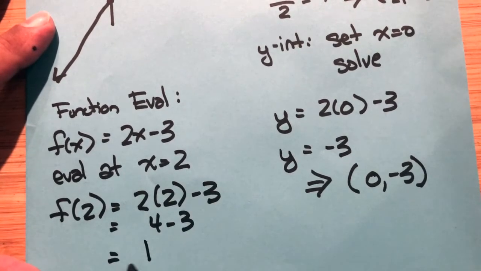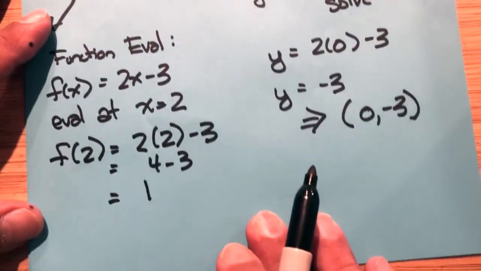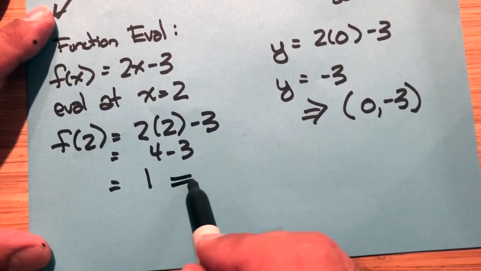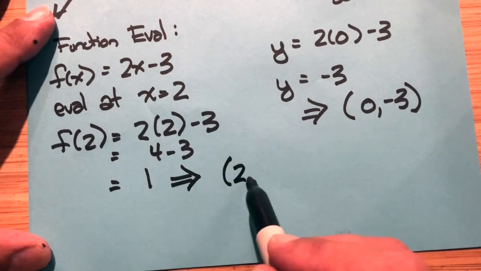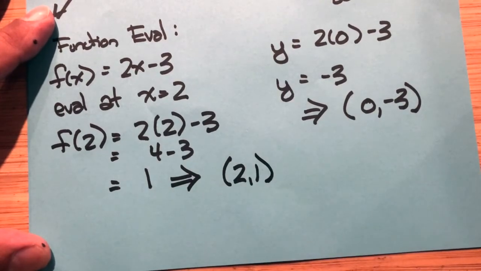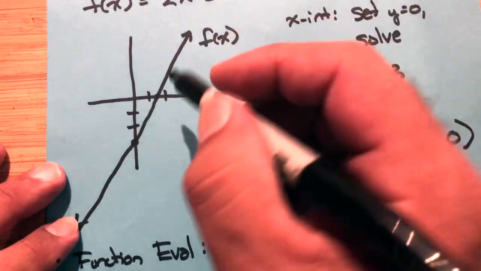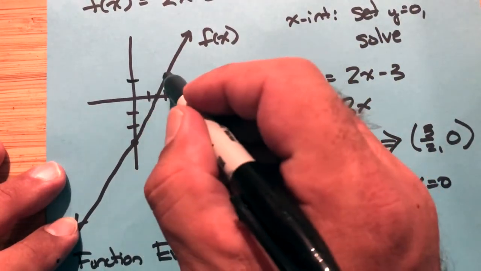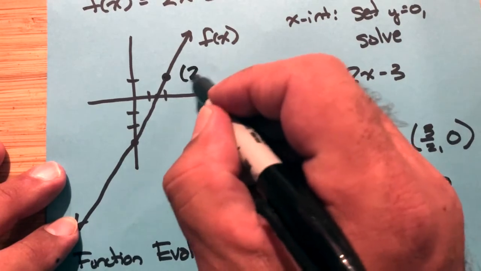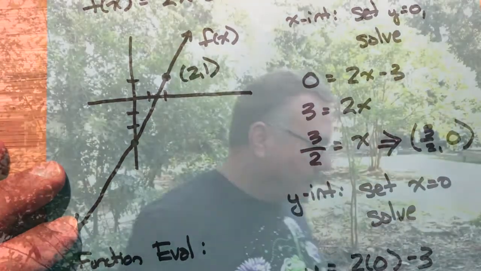So f of 2 equals 1. This implies that the point 2, 1 is on the graph of f. And if we go up here, we can see 2, 1 is on the graph of f.